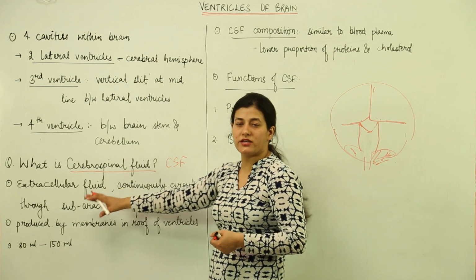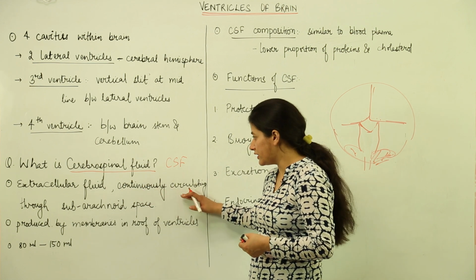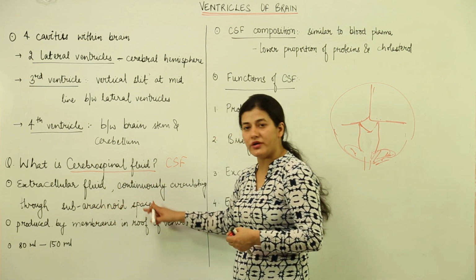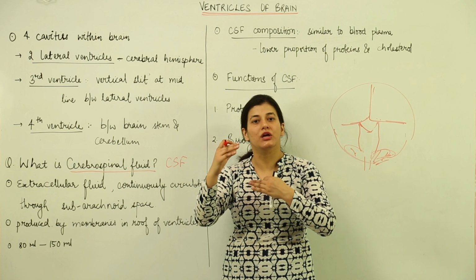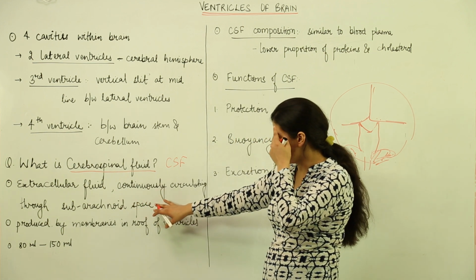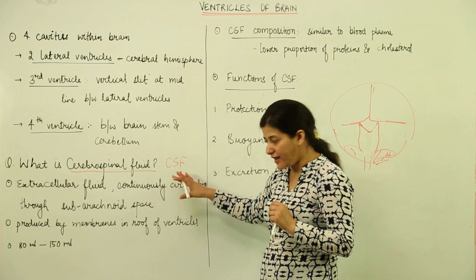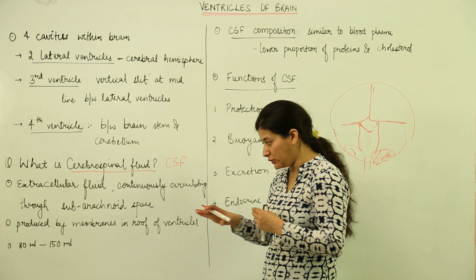This is the extracellular fluid which is continuously circulating through the subarachnoid space that lies between the arachnoid and pia mater.